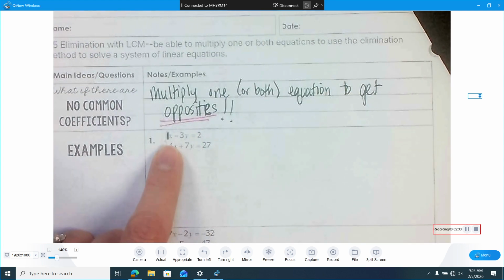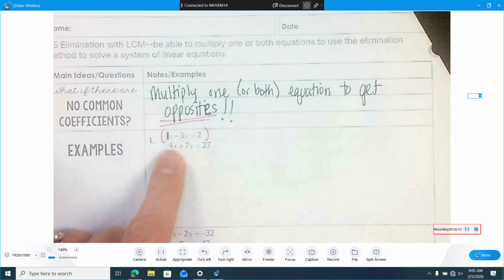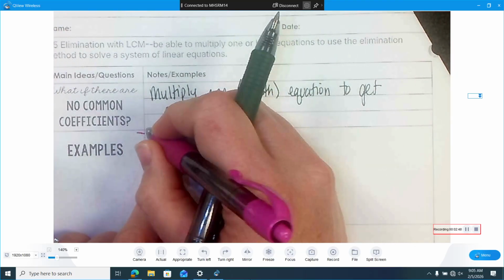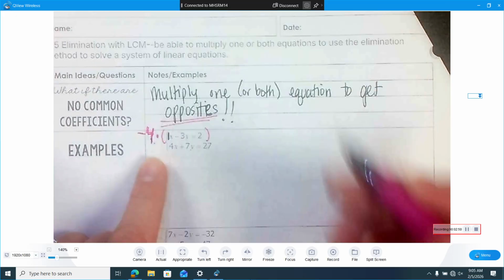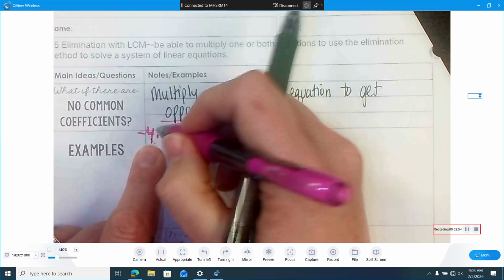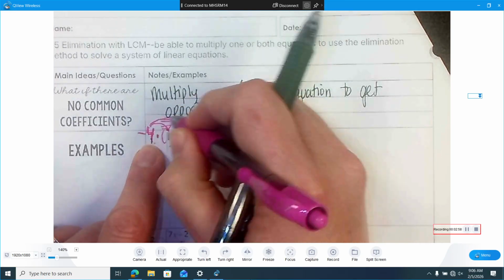Is there a number I could maybe multiply by on the top equation to make those coefficients become opposites? Negative 4, absolutely. I'm going to take my top equation and I'm going to multiply by negative 4. Negative 4 is going to change the whole equation, but it's going to give me the opposite I'm looking for.